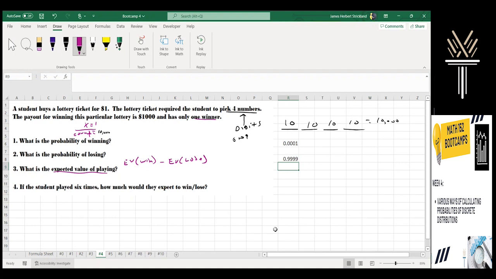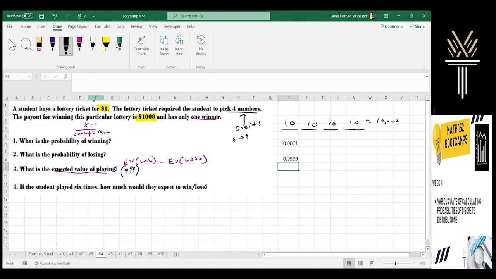And so what would be the expected value of winning? Well, if you win the lottery, you win $1,000. But did you actually win $1,000? No, because you had to pay for a ticket. So if you win, you actually only win $999 because you don't get that $1 ticket back.